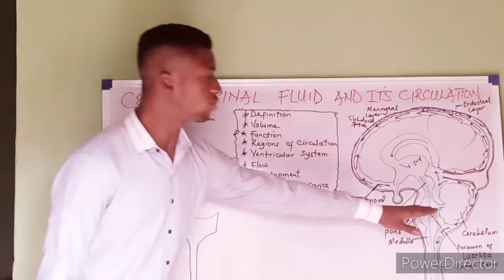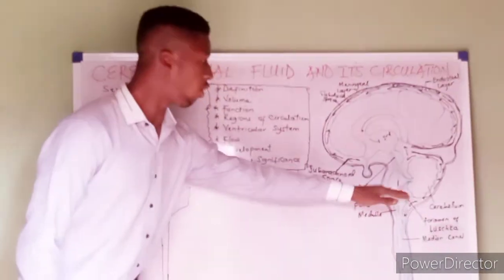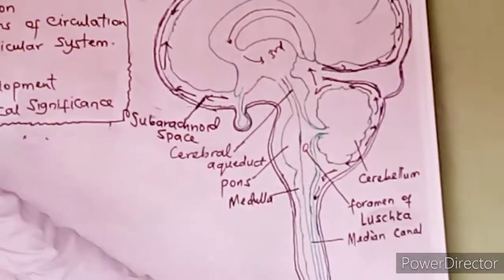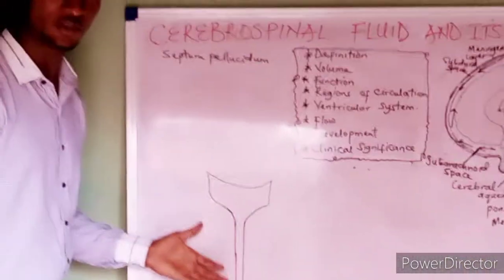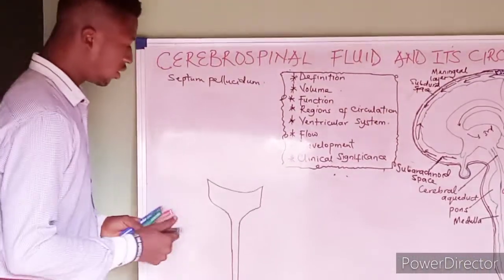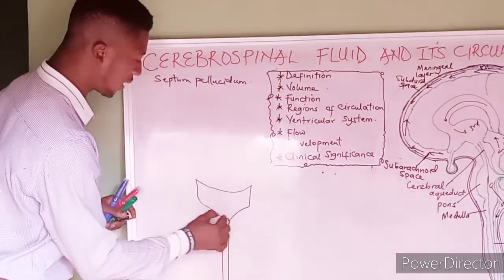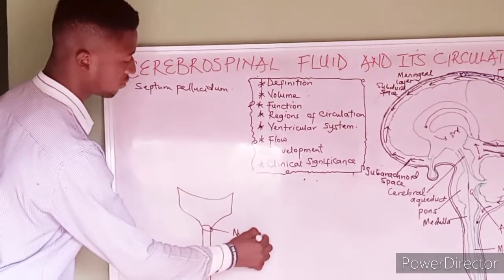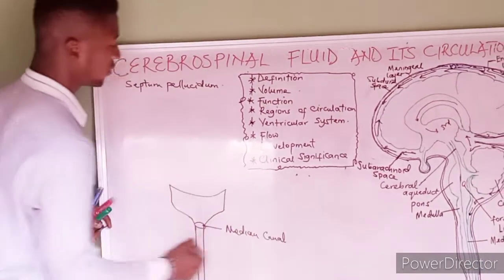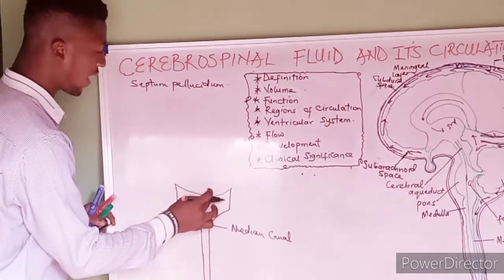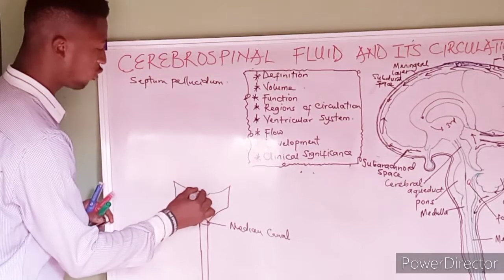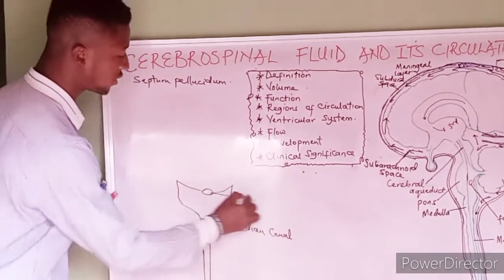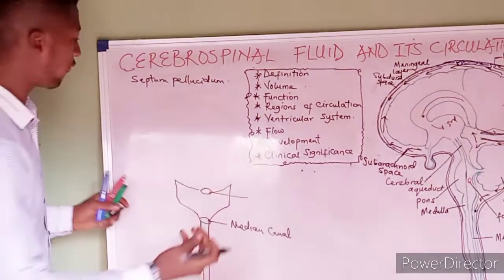When we take the cross section at this level, between the pons and the medulla downward to the spinal cord, we're going to have something like this, in which this particular part is our medial canal. There is an opening here, you can see it opens forward.